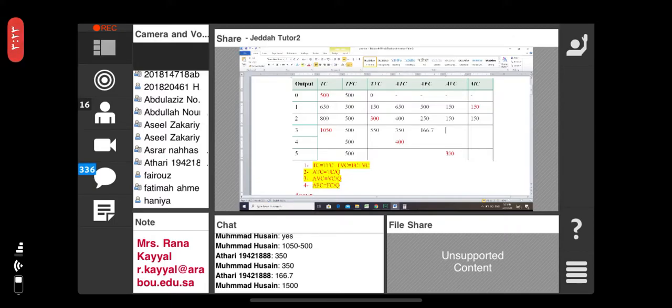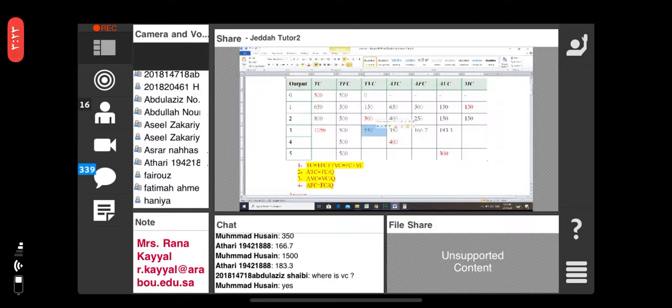Then average variable cost. Muhammad, do you agree with Adari? I'm going along with you. Did you get the same number? This is the variable cost, the TVC. Total variable cost is the same as variable cost, I wrote it in formula number 1.